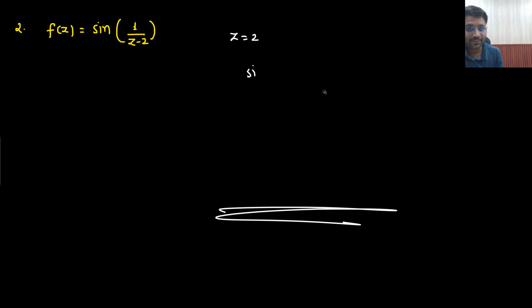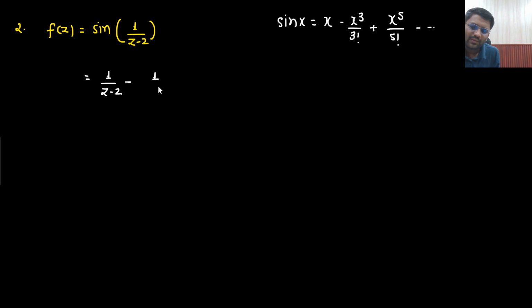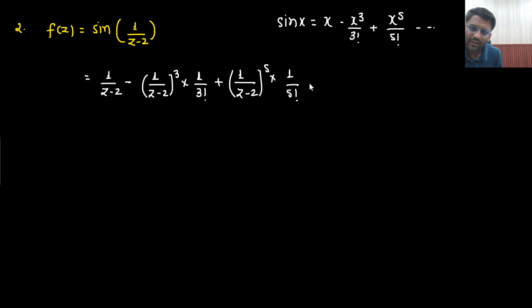But when you do the expansion of this function, what will you get? What is the expansion of sin x? That is x minus x cube by 3 factorial plus x to the power 5 by 5 factorial and so on. So if you do the expansion, it will become 1 upon (z minus 2), minus 1 upon (z minus 2) whole cube multiplied by 1 by 3 factorial, plus 1 upon (z minus 2) to the power 5 multiplied by 1 by 5 factorial and so on.